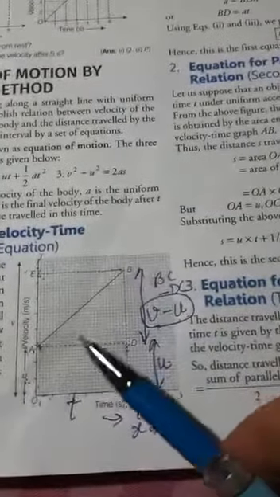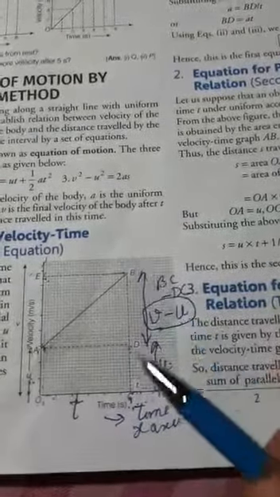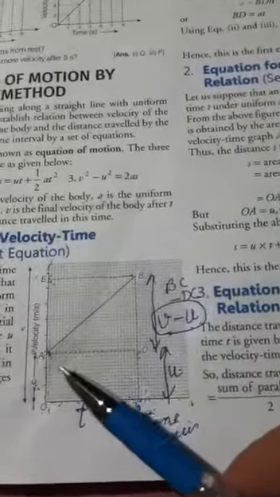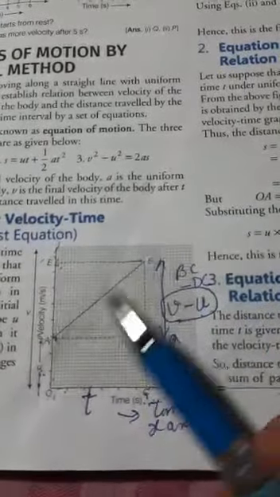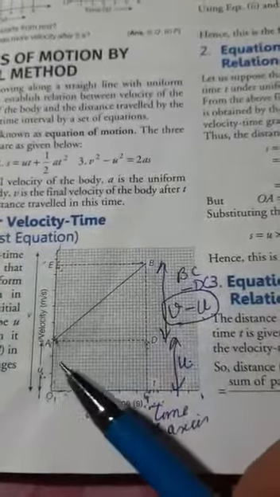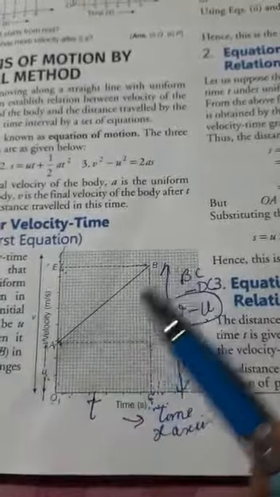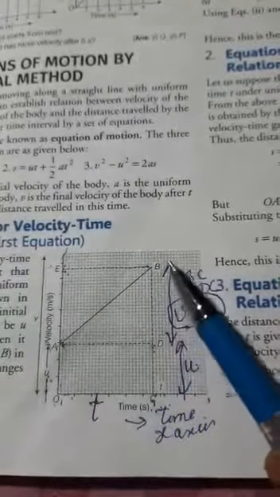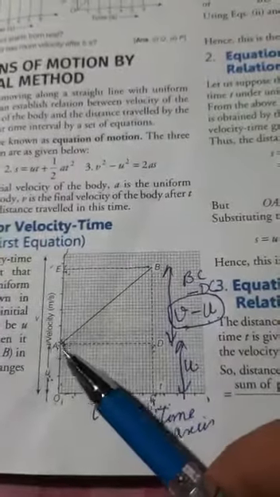The area enclosed between OABC. As I had mentioned in the previous video, the distance or displacement covered is given by the area under the line AB. Area under the line AB is AOCB.